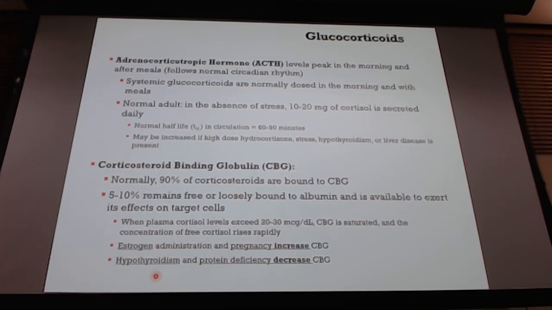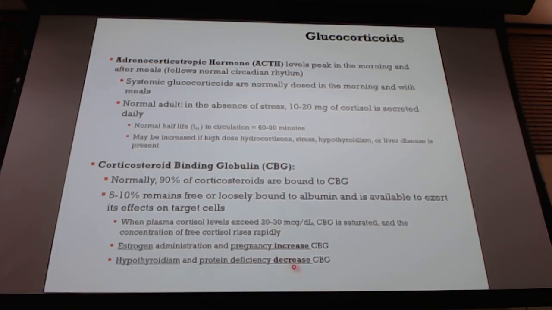And if you have hypothyroidism, or some type of protein deficiency where you can't make this globulin, you'll see a decrease in your corticosteroid binding globulin, or your CBG. Okay? So more free glucocorticoid, your body is going to stop making cortisol because it has too much, that negative feedback system.